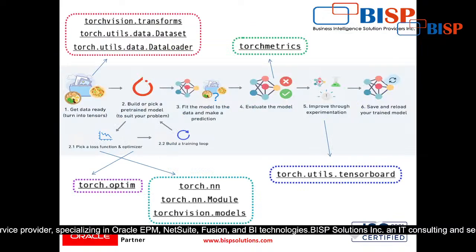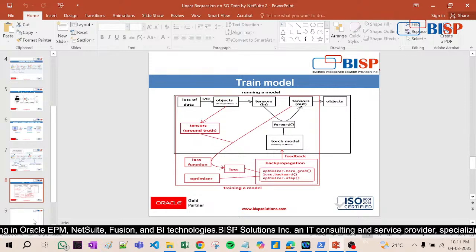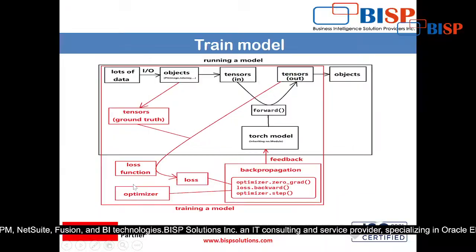So after that, see here, this is the train model, how this model works. For example, an object is given into the tensors.